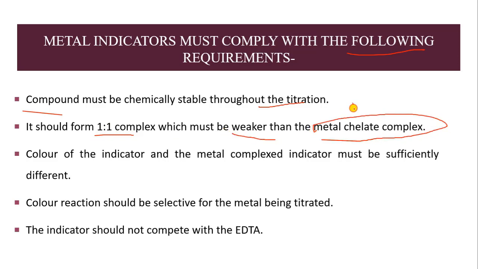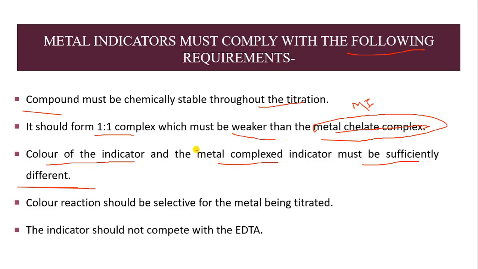Whatever metal indicator complex is produced, it should be weaker than the metal chelate complex. The color of the indicator and the metal indicator complex must be sufficiently different, so that we can identify the change.